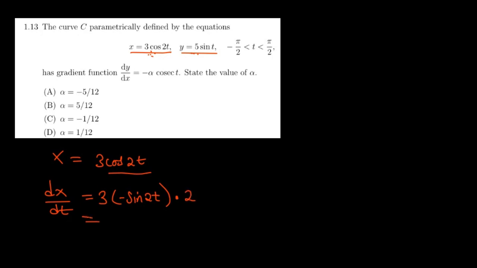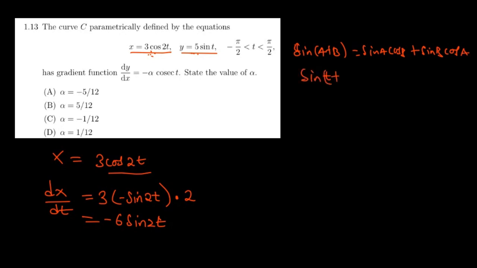So this one is minus 6 sine 2t. But what is sine 2t? Remember from the double angle formula, sine of A plus B will be sine A cos B plus sine B cos A. So now imagine you have sine of t plus t.